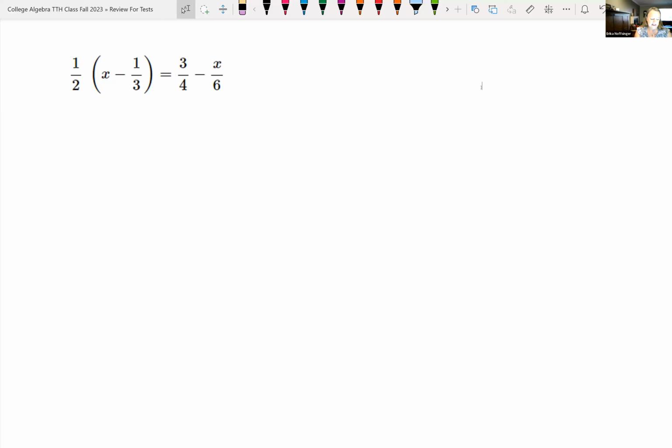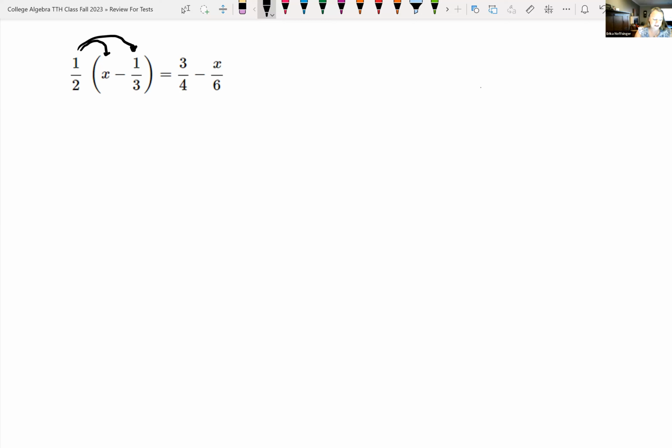So looking at this, I don't like to deal with fractions when I have an equation. But to not deal with some problems and issues I know that sometimes students have, let's first distribute this 1/2 before we get rid of the fractions.